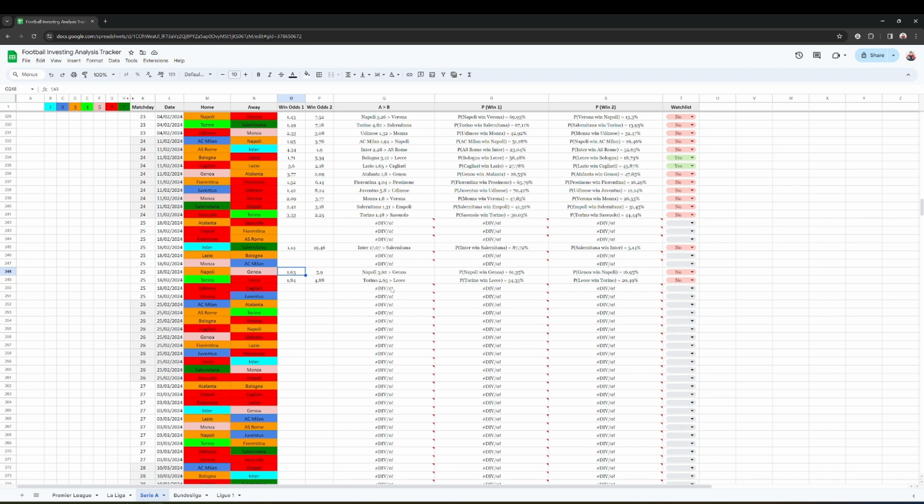Verona against Juventus. Now this one is interesting because the market is telling us basically that Napoli beating Genoa at home and Juventus beating Verona away is basically the same thing. Is it?